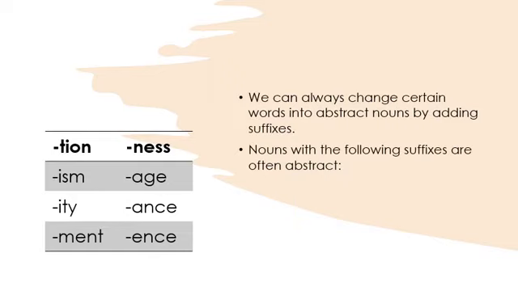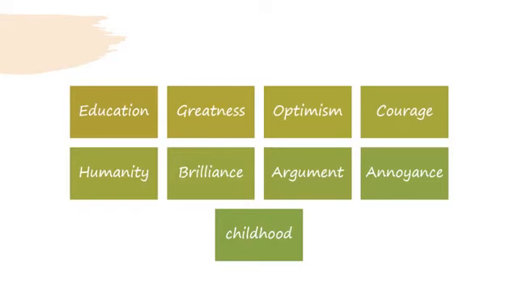These are some suffixes which we can add to some words to convert them into abstract nouns. Here are some examples of abstract nouns: education, greatness, optimism, courage, humanity, argument, brilliance, annoyance, childhood.